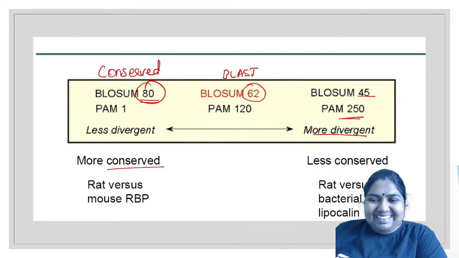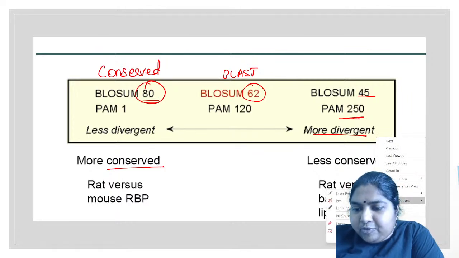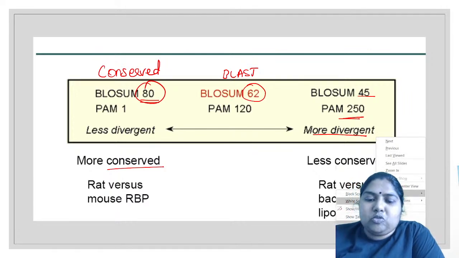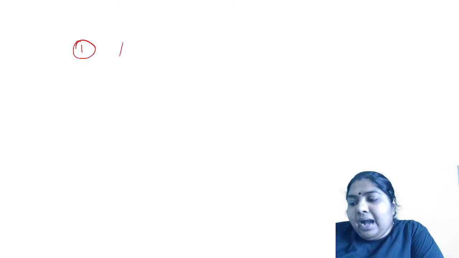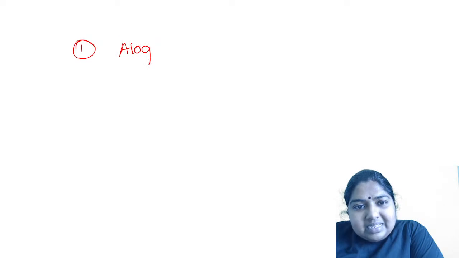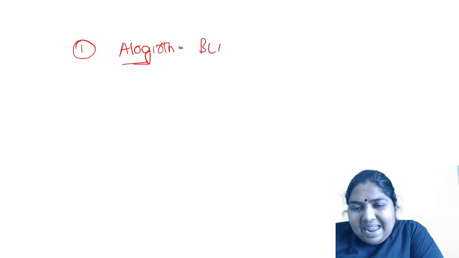Understood? Yes. So to sum up what we have learned so far in this first question. The first question, they asked what is the algorithm. Okay, so what is the algorithm that they are going to use for this BLAST?